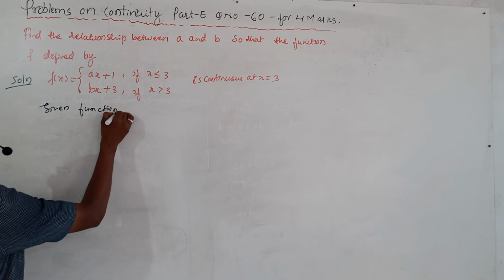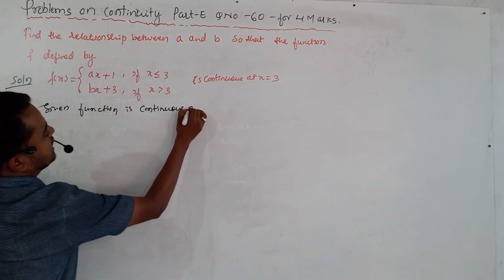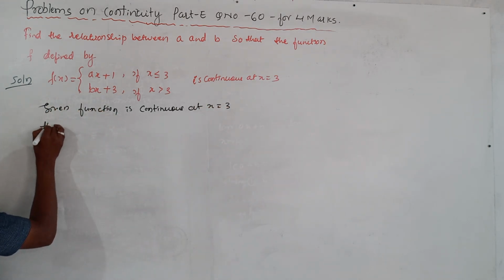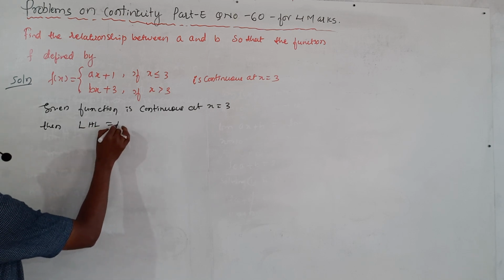Given that the function is continuous at x equal to 3, LHL equals RHL.